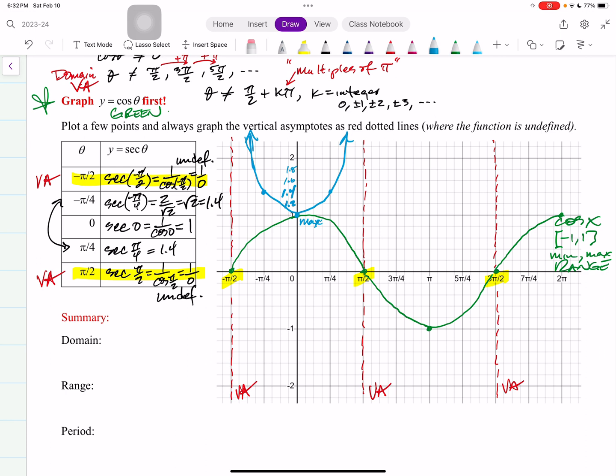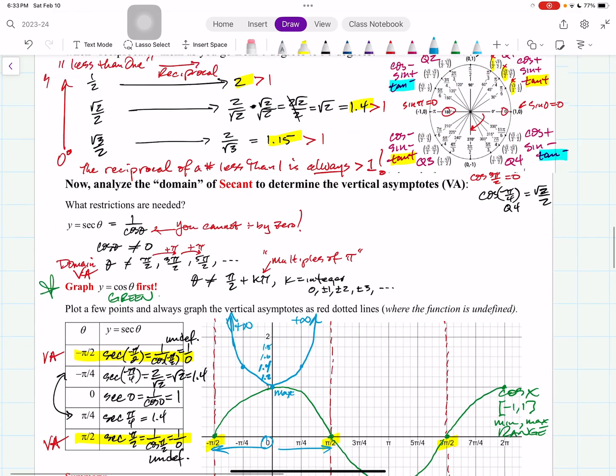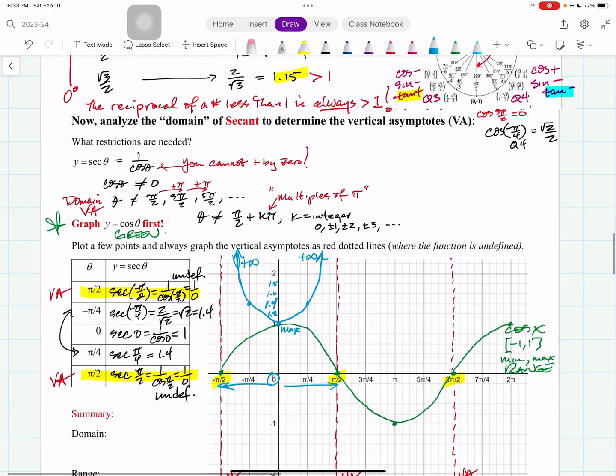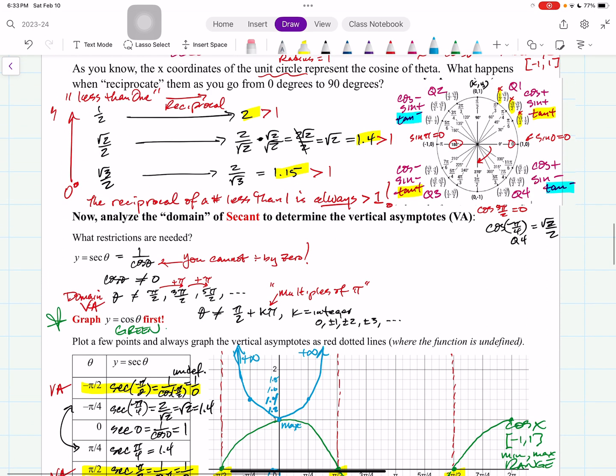So why does it go infinitely up to infinity as you go from 0 to negative pi halves? Or if you go from 0 to pi halves this way, why does it go to infinity? Why does it go up? Well, think about what we just did earlier with all these crazy numbers. When we took a look at the numbers and we reciprocated all the x values from 0 to 90 degrees right here, notice what happened.